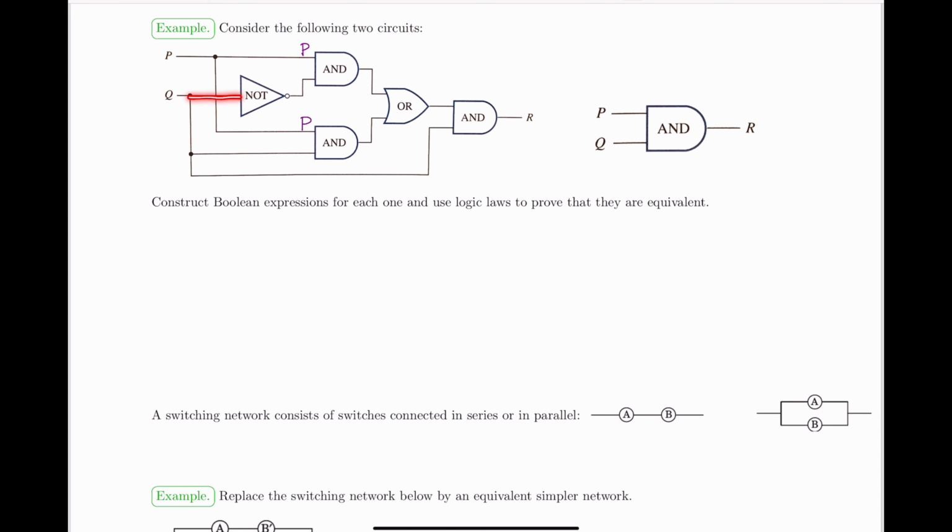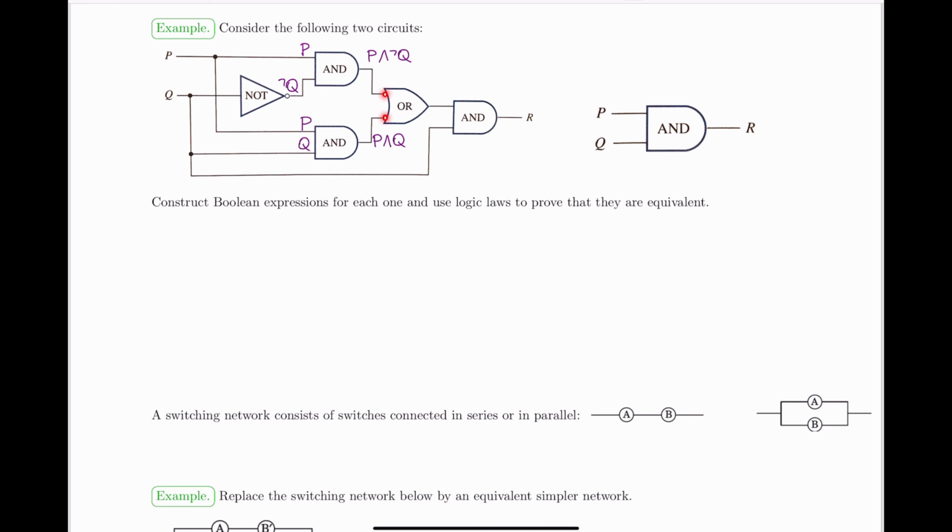Then Q went through the NOT, so I have NOT Q here, which means that on the output of the first AND, I have P and not Q. What I have for the second input into this AND is, of course, my Q. And so the exit here will be P and Q.